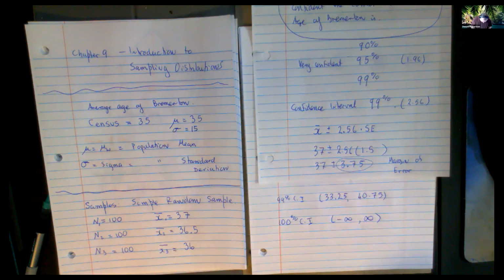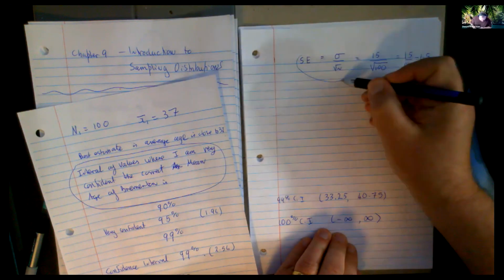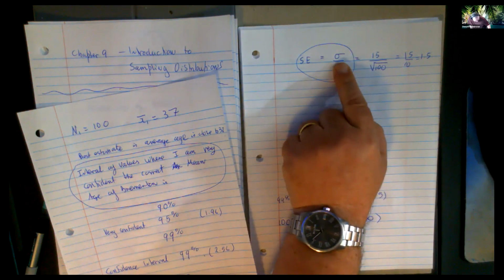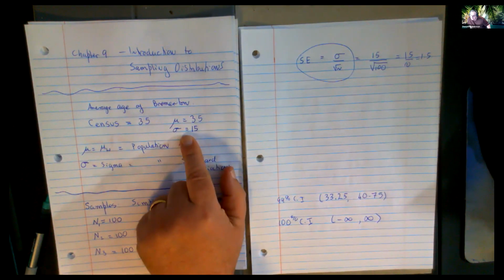Now, I made an assumption here, and it's a correct assumption because that formula is correct, that the standard error is sigma over root n. But to be able to calculate that number, don't we need to know what sigma is? But in real life, you don't know what the population standard deviation is.